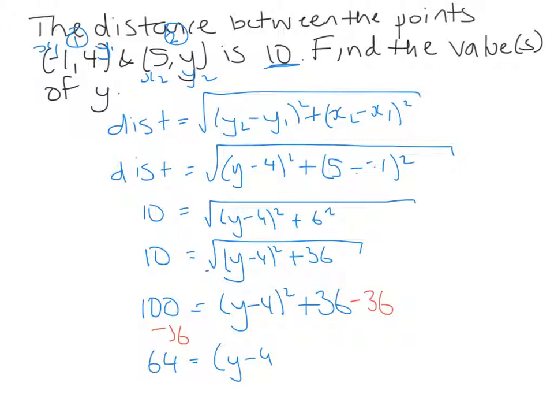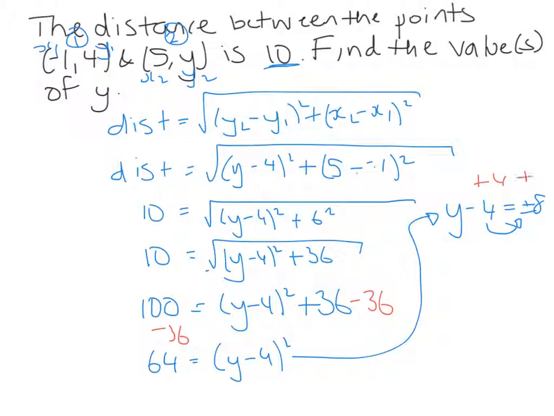Now what I can do is say, well, y minus 4 will be equal to plus or minus 8. So I can take this minus 4 across to the other side by plussing 4 on both sides. So it'll be y is equal to 4 plus or minus 8. So y could be equal to 4 plus 8 is 12, and 4 minus 8 is minus 4.